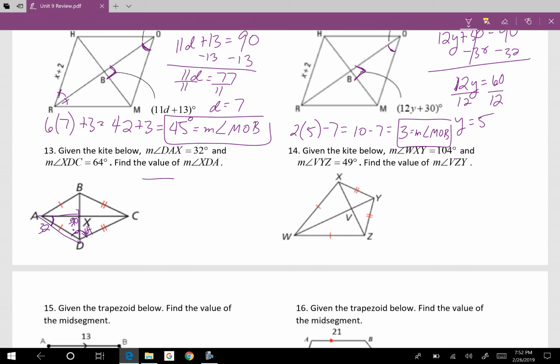So the triangle we're looking at, we got 90 right here, and we got 32 right there. So we do 180 minus 90, which is 90, and then take away 32. So that's going to be 58. So the measure of angle XDA is 58 degrees. All right, next one.